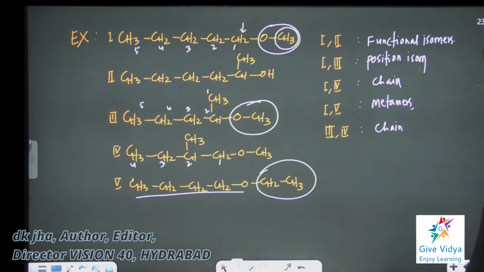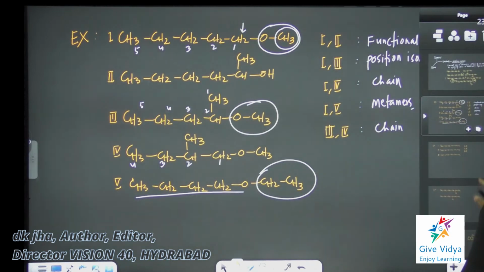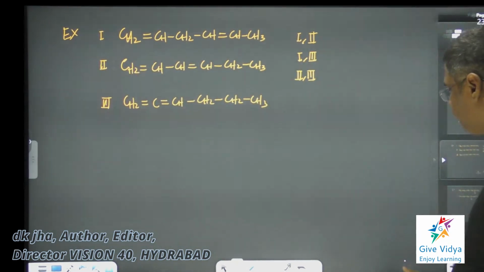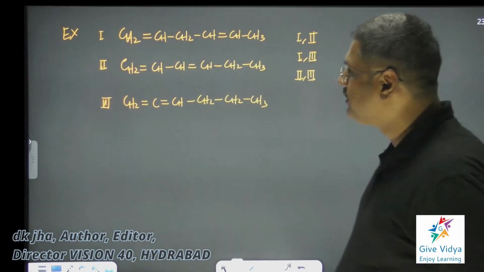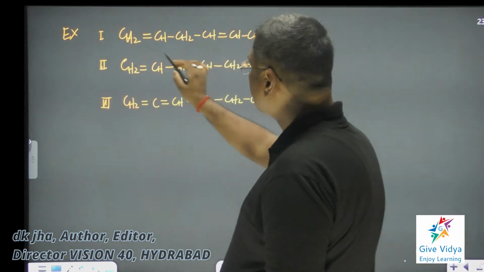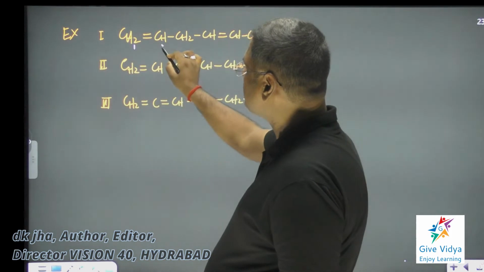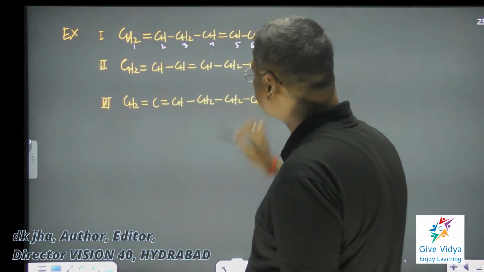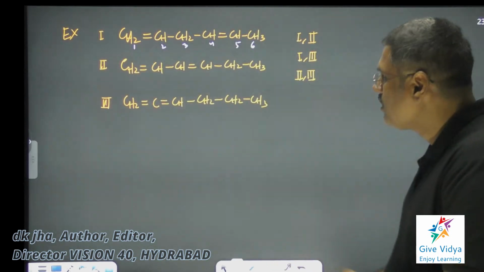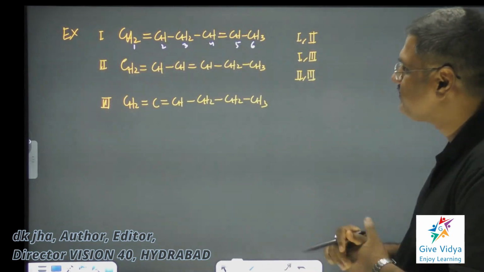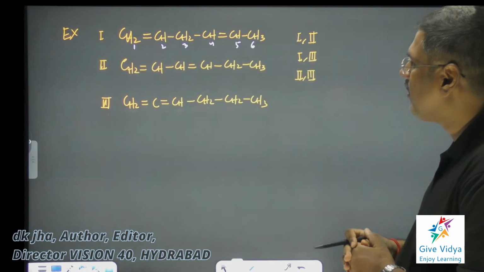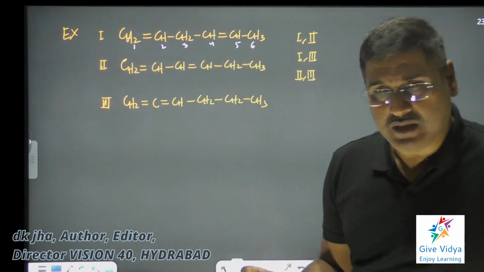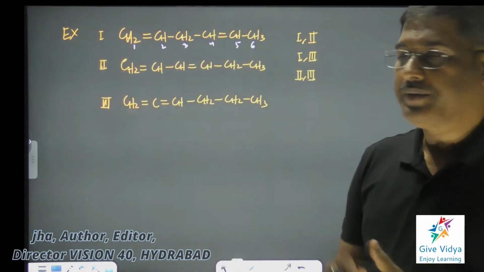Take one more example of this kind. Take this example. This one is 1, this one 2, this one 3, this one 4, this one 5 and 6. This one is hexa-1,4-diene. Hexa-1,4-diene.